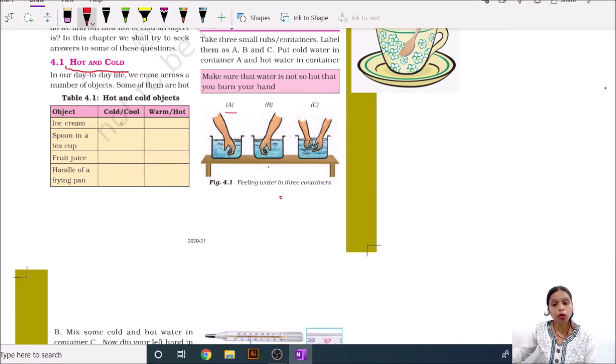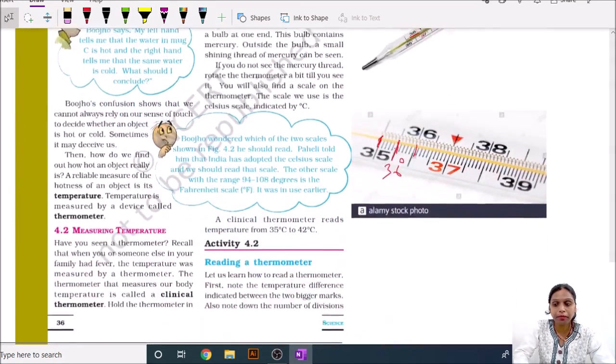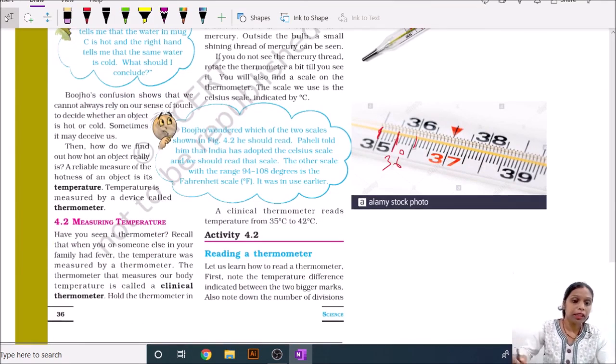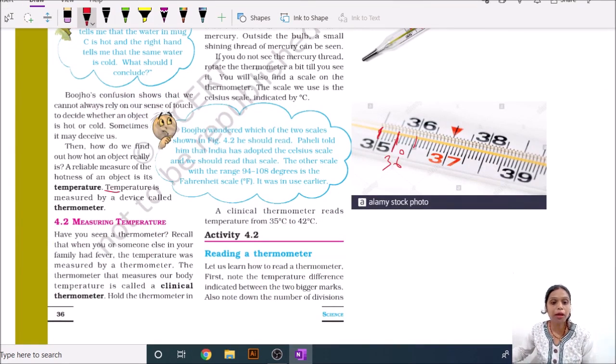To understand this, a reliable measure of hotness is called temperature, and this is measured through the thermometer. Thermometer is a reliable measurement device of temperature.